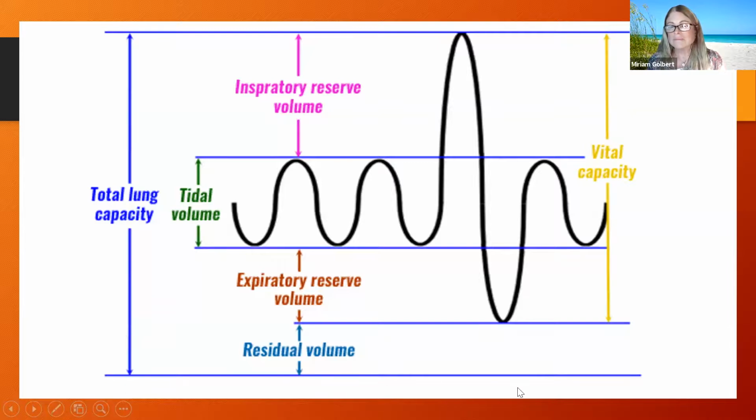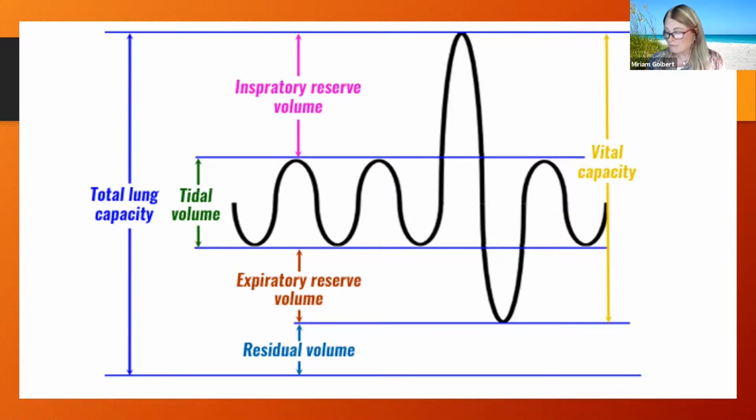No, this will be time, sorry. This will be milliliters of oxygen. So tidal volume was the first one that we mentioned. Tidal volume, or TV, is the amount of air that we are exchanging in a normal breathing cycle. So you inhale, you exhale, inhale, exhale. So that's what tidal volume is.